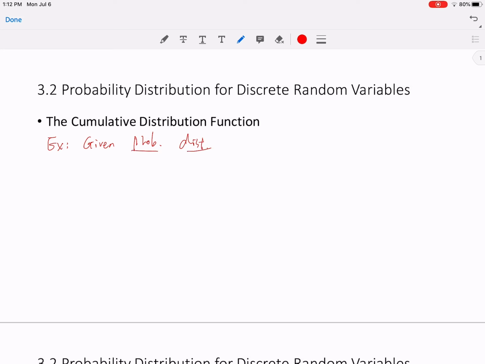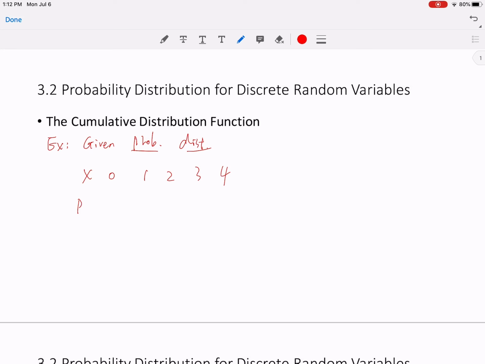So we have the probability distribution down here. Of course, a probability distribution contains all of the possible values of this random variable and the probability of each possible value. In this case, x could be 0, 1, 2, 3, and 4.